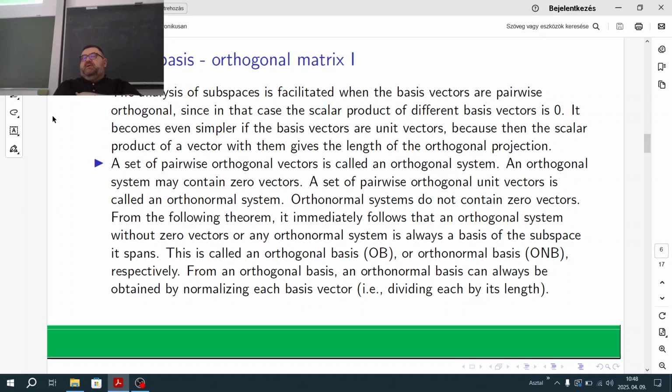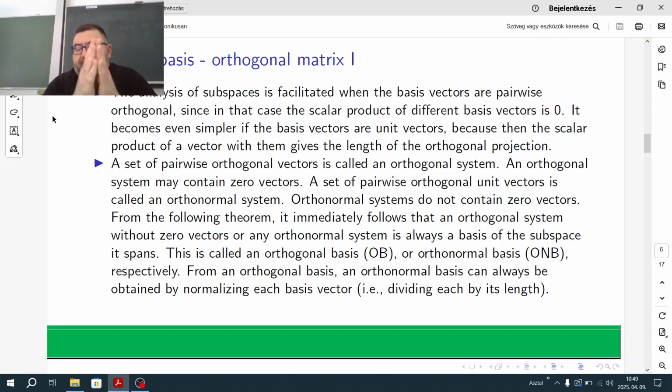Basis just means linearly independent vectors, and you could write all vectors as a linear combination of those vectors. Do you remember this? It's like coordinate systems. If the basis vectors are perpendicular, that's useful.